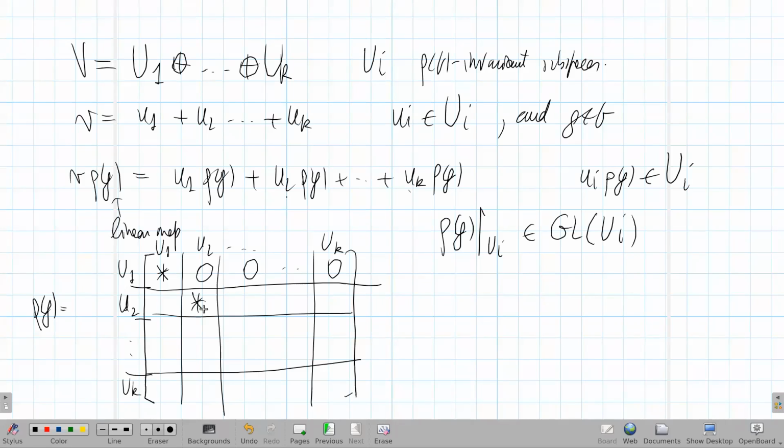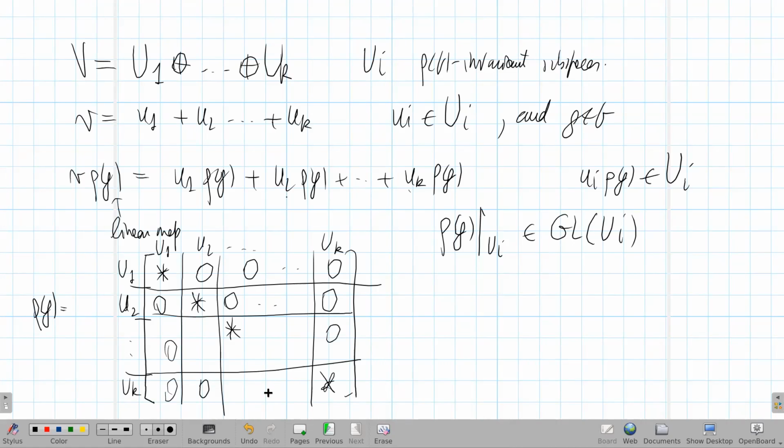Because rho(G) restricted to U2 is a map in GL(U2), and this keeps going like this, and this will all be 0, okay? Because if we apply rho(G) to an element of U2, you get only a component in U2 and nothing else in the other components.